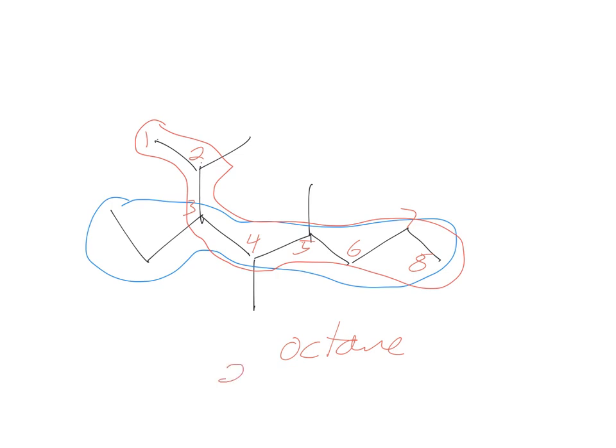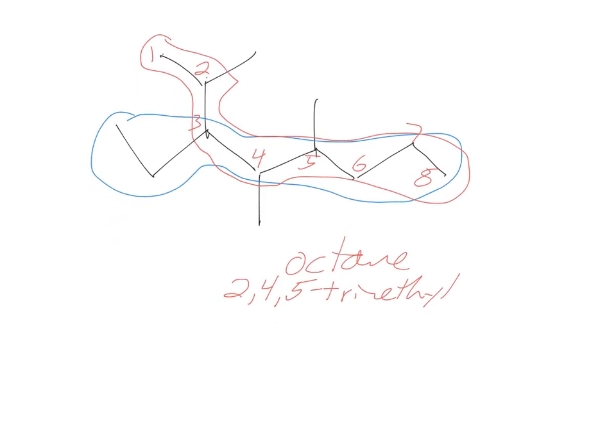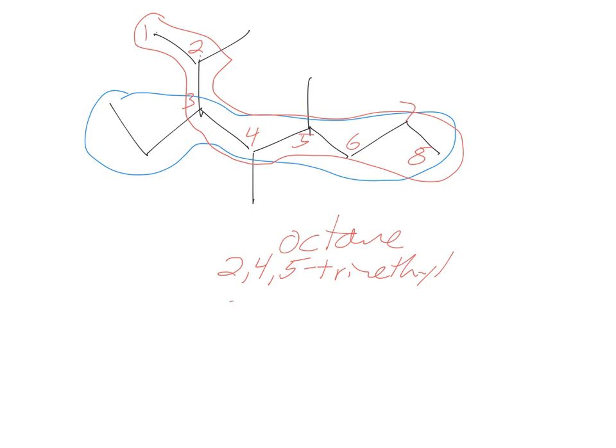So we have 2,4,5-trimethyl, and then a 3-ethyl. To put it together, E comes before M, so it would be 3-ethyl-2,4,5-trimethyloctane.